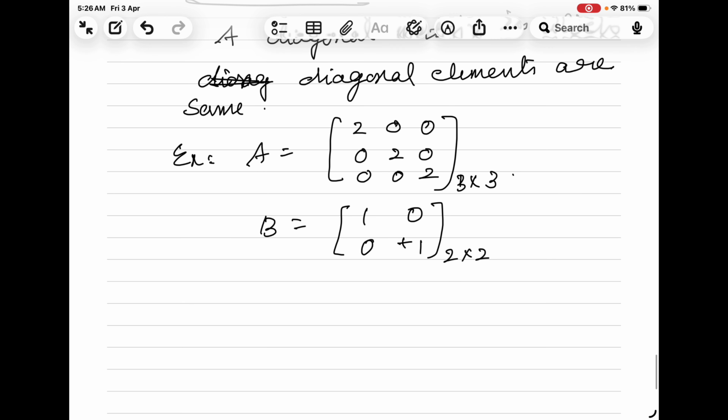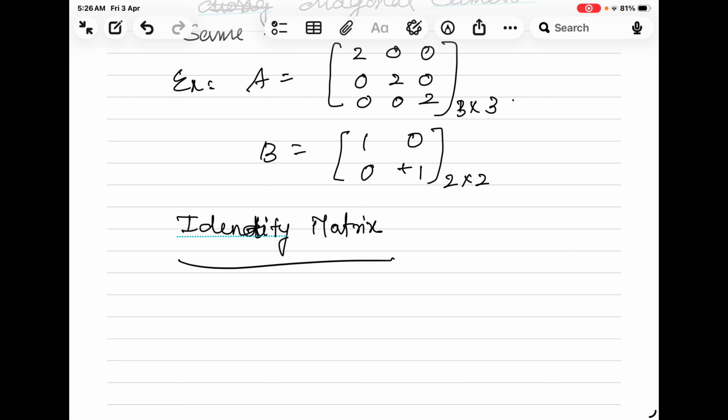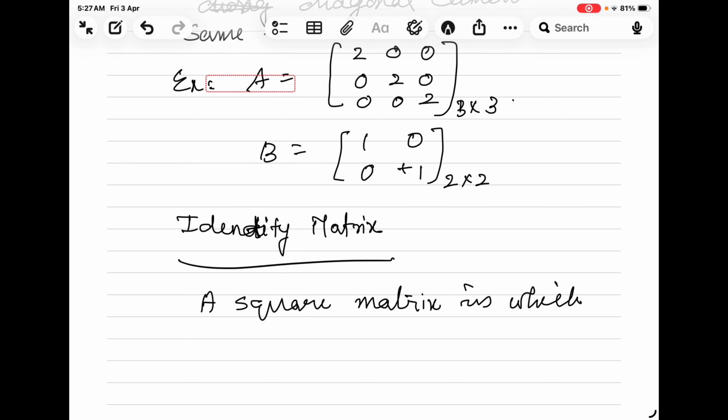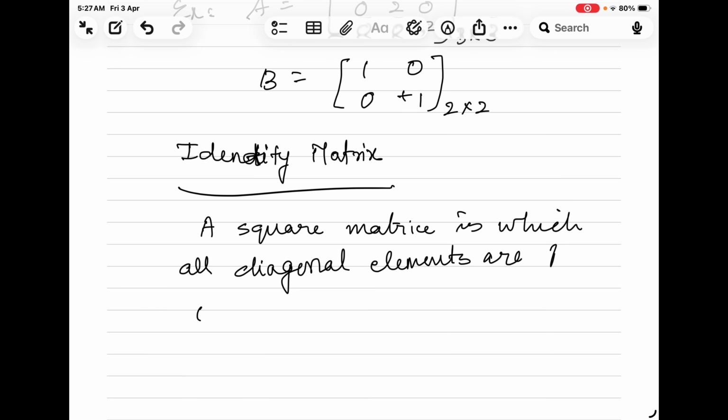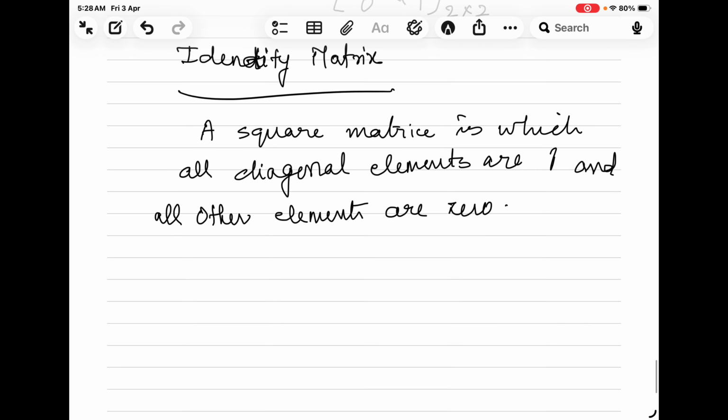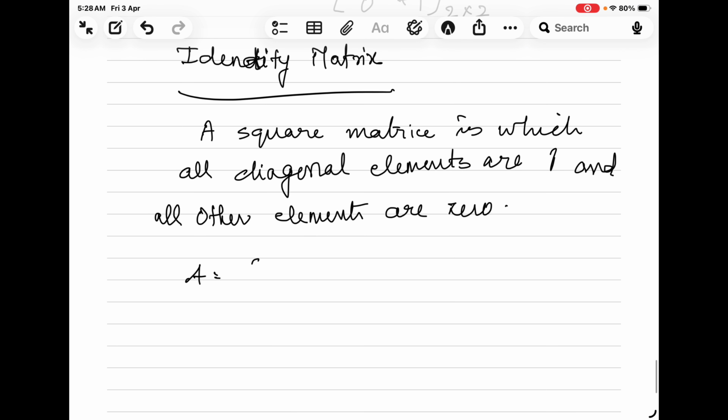Then the next set is identity matrix. Identity matrix is a square matrix in which all diagonal elements are 1, and other elements are 0. Example, A equal to 1.